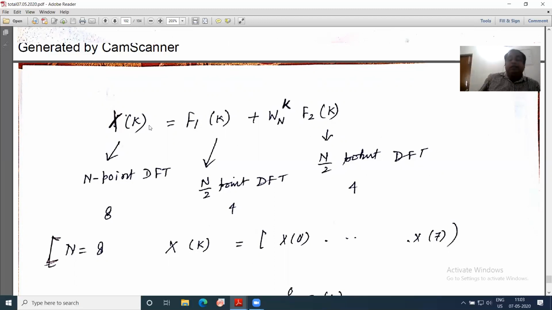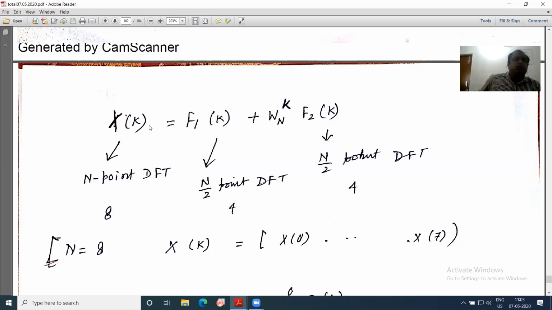Okay. Now, the next thing that we have to identify is that I have to compute V11 of K, and V12 of K. Now, V11 of K or V12 of K or V21 of K, V22 of K, if I want to compute, what do I have to know?